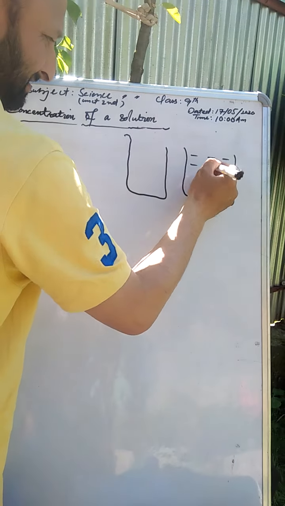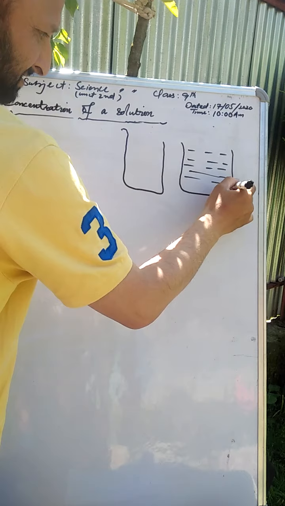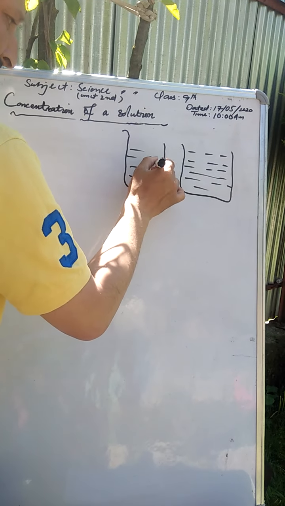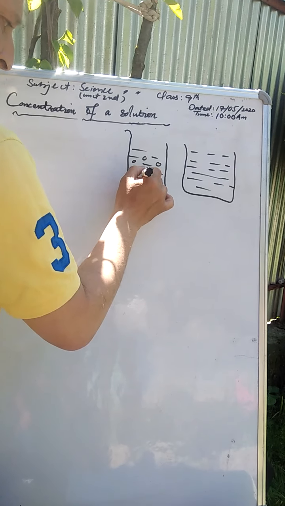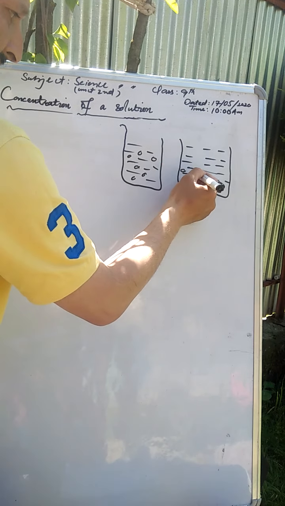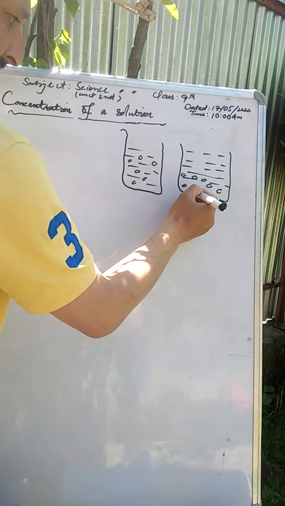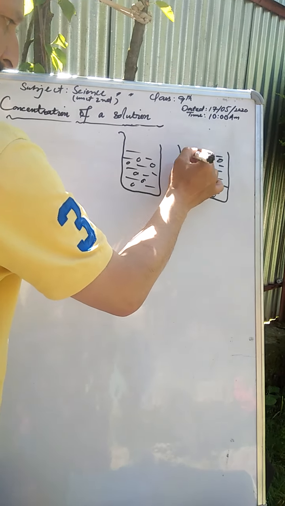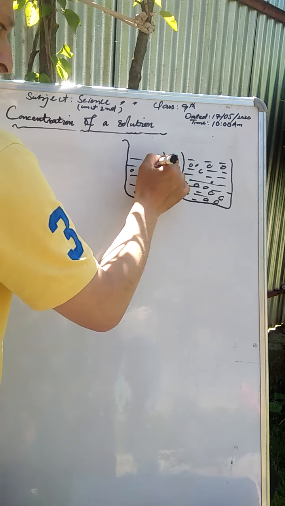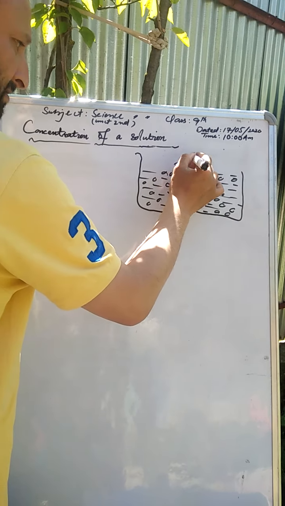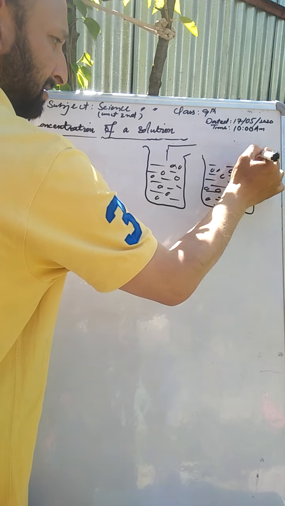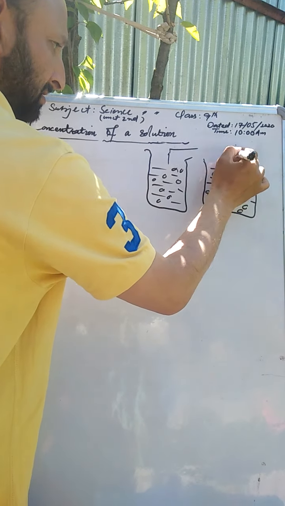Dear students, in today's video lecture, let's discuss and understand the concentration of a solution. Before that, let me take two beakers, beaker A and beaker B. In beaker A, there is a dilute solution of sugar, and in beaker B, there is a concentrated solution of sugar.